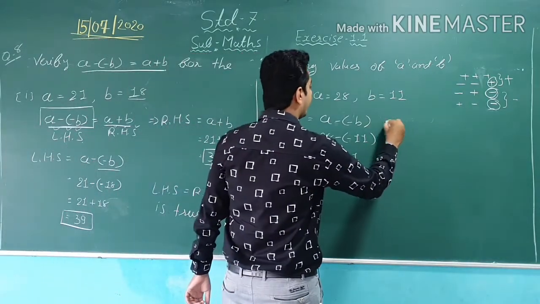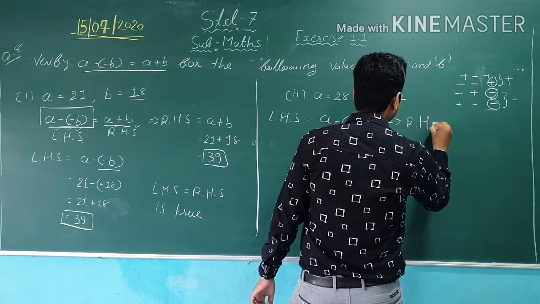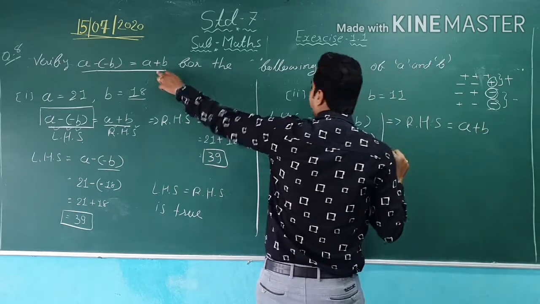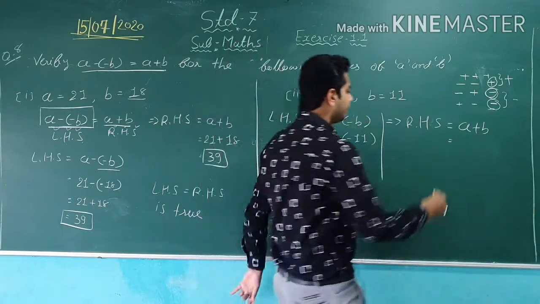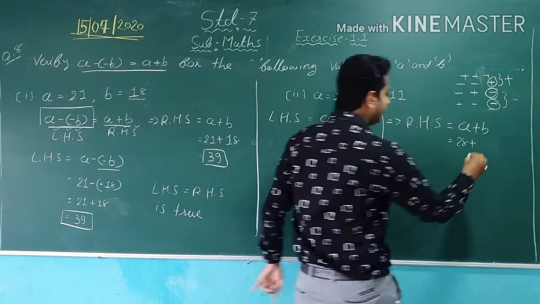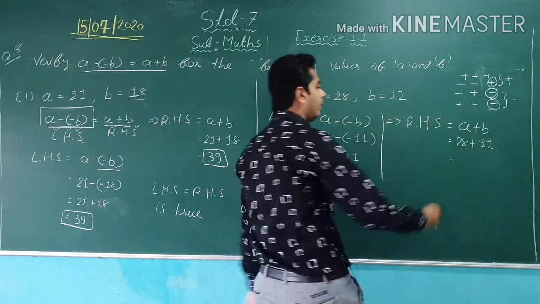Now let's do the right hand side. RHS is equal to A plus B, as you can see here. A is 28 plus B is 11. 28 plus 11 is 39.